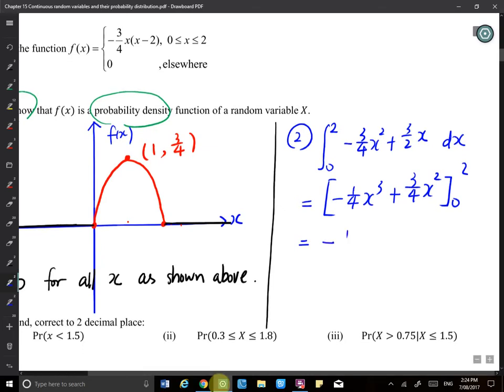Okay, minus a quarter times 8 plus 3 over 4 times 4, that's minus 2 plus 3, which equals 1.